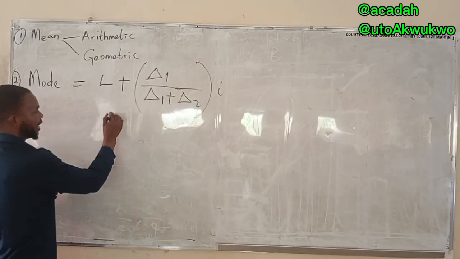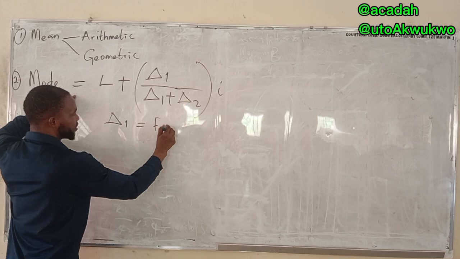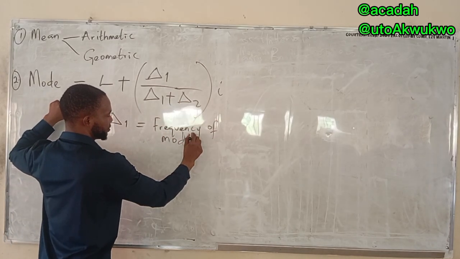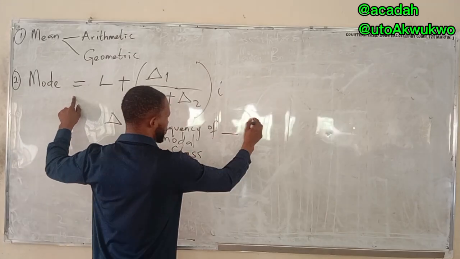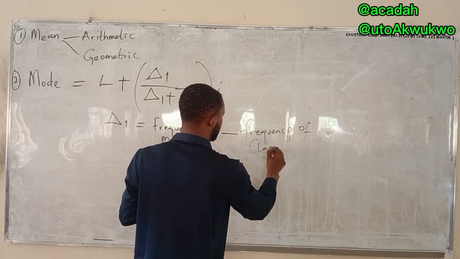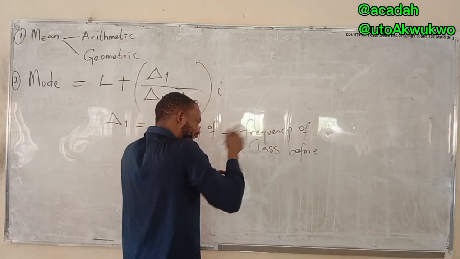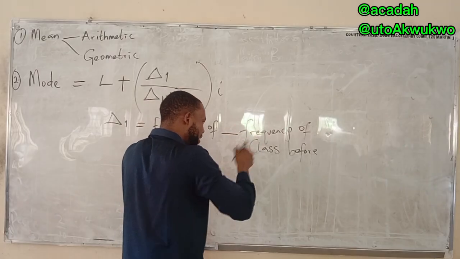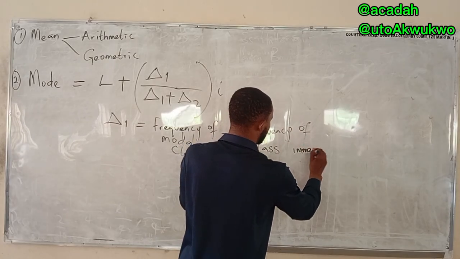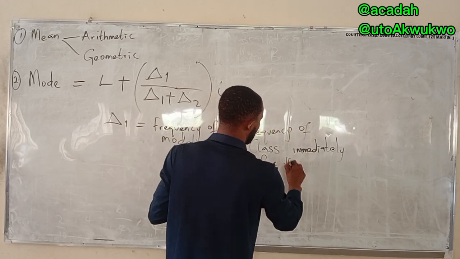Here, delta 1 is simply the frequency of the modal class minus the frequency of the class immediately before the modal class.